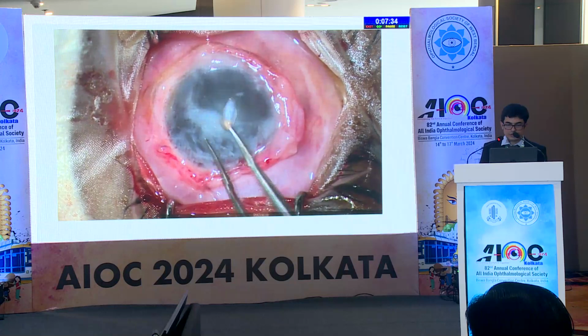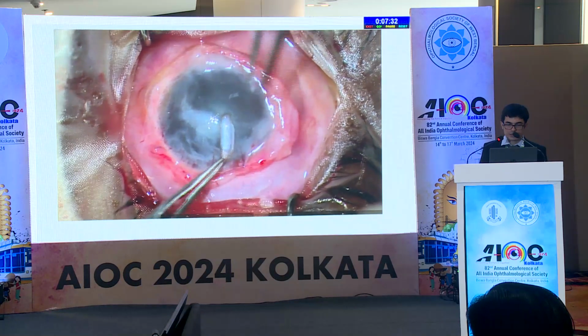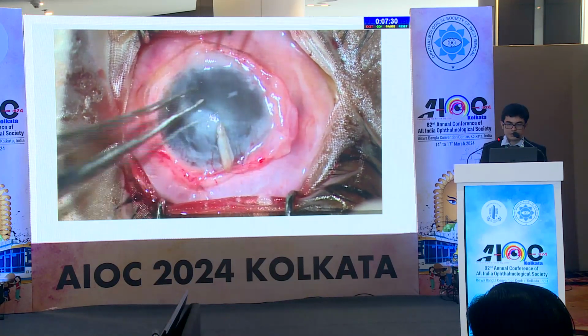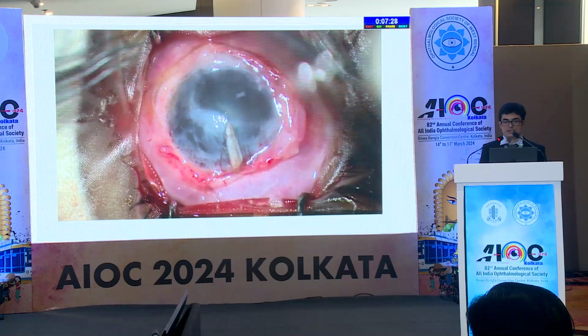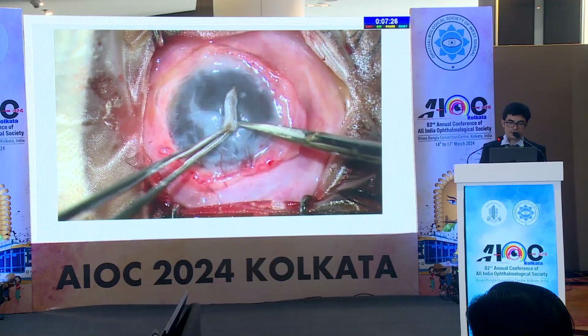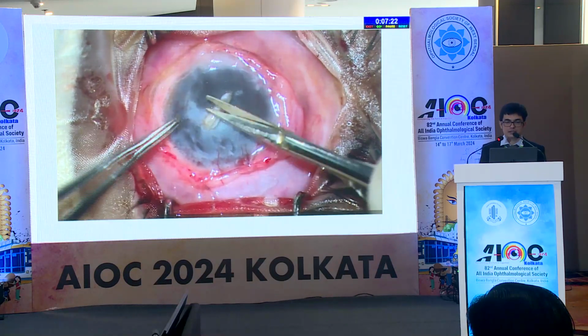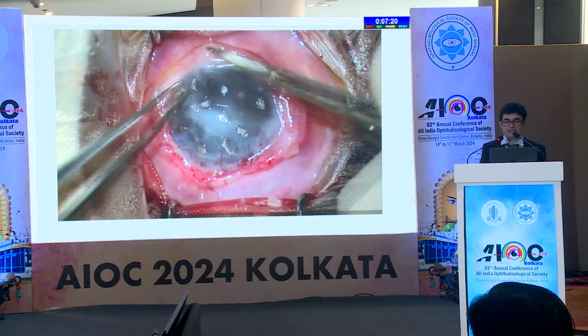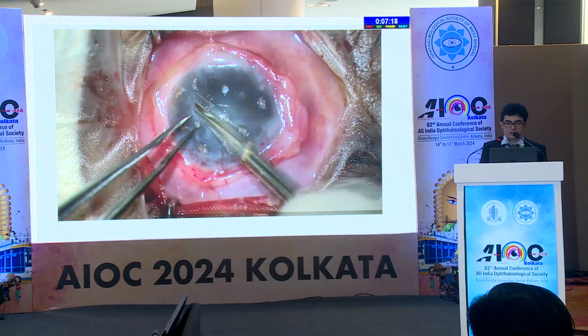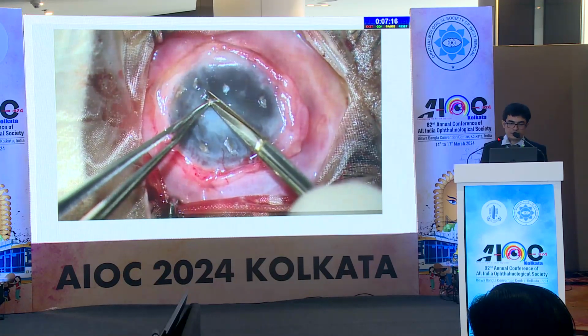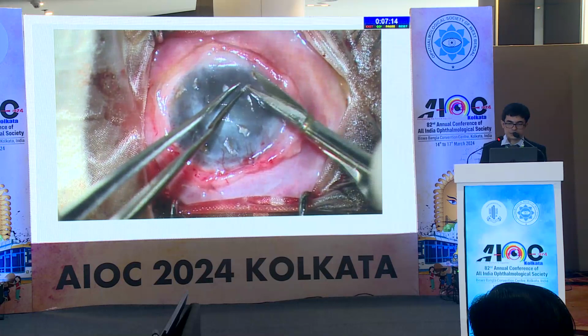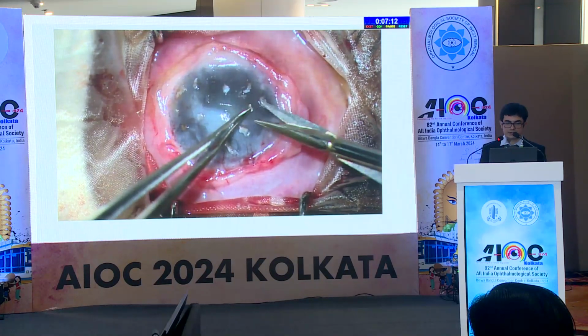Now the lenticule is put over it. It is cut into several pieces. The pieces should not be placed in the visual axis and should not be placed at the limbus either. They are placed slightly inside. If placed at the limbus, that may lead to long-term scarring or affect the visual axis.